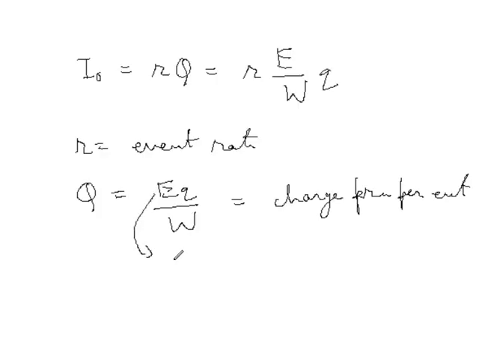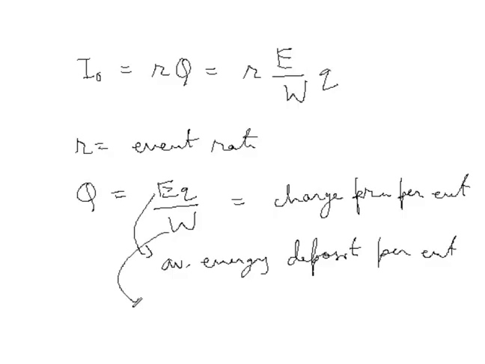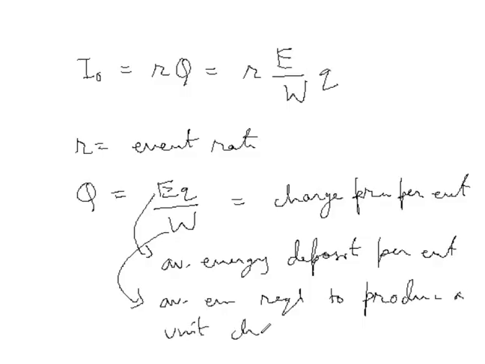Here E is the average energy deposited per event, and W is the average energy required to produce a unit charge pair. The value of Q is basically E, which is just 1.6 times 10 to the power minus 19 coulomb.